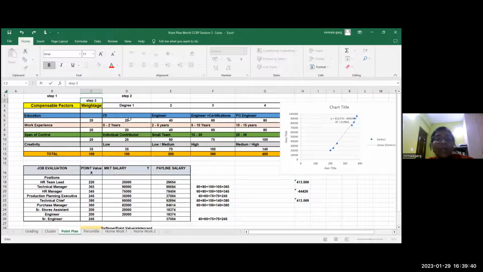Again, 20 into 1, 20, 40, 60, 80. 25, 50, 75, 100. So you have to populate your point plan so that when you add up all those points at degree 1 for the compensable factors, it is 100, and then 200, 300, and 400. So the total point plan is 400 points.